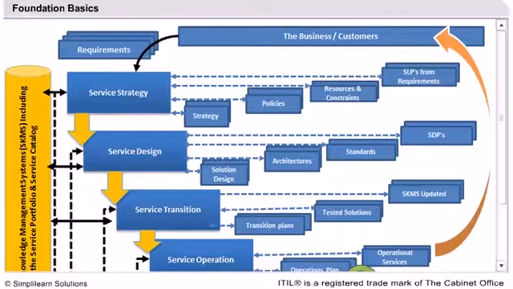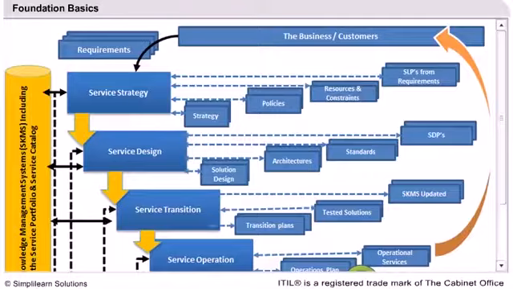To understand this slide in a simple way, let's start from the top left, requirements of customers. Business or other outside triggers will lead the organization's strategic portfolio to define the IT strategy, policies, identify the resources and constraints, and prepare a service level plan, SLP, on the requirements.